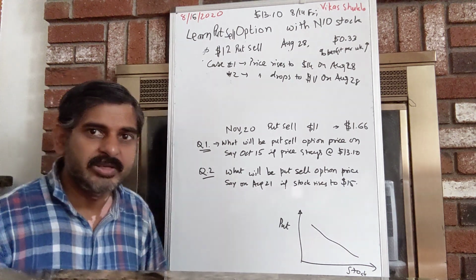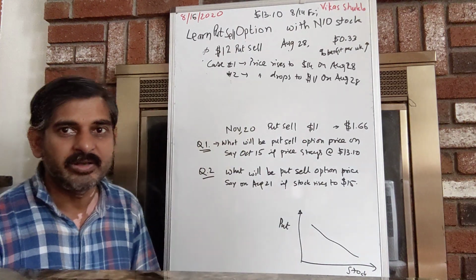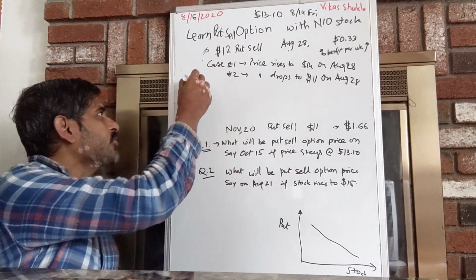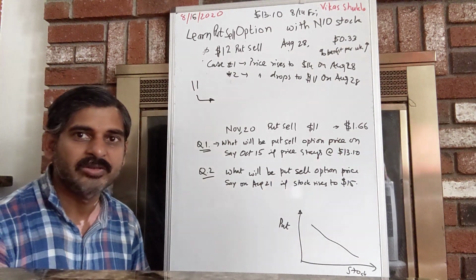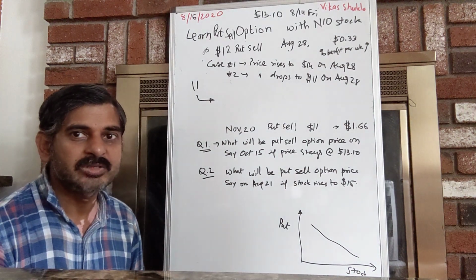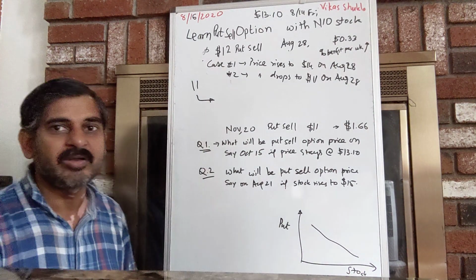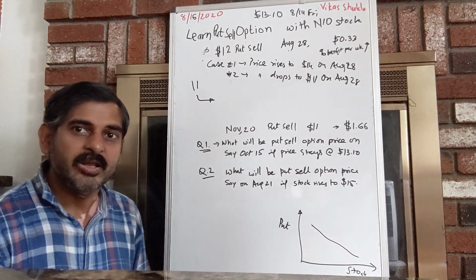So my strategy in the case that the stock drops to 11 is that I open another put sell. I have 100 shares which I purchased at a break-even of 11.67. Now the price is $11. Two weeks from now I do another put sell.